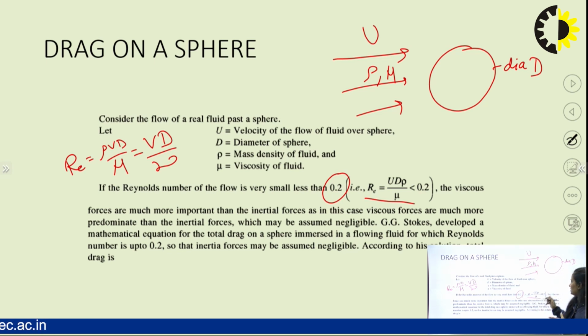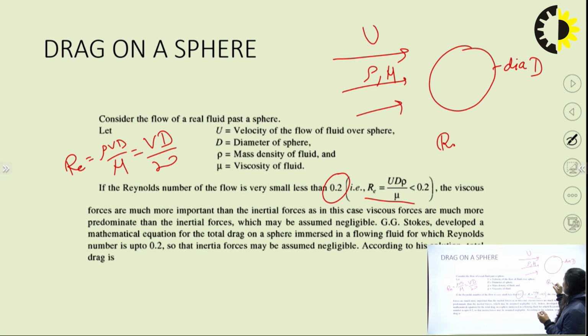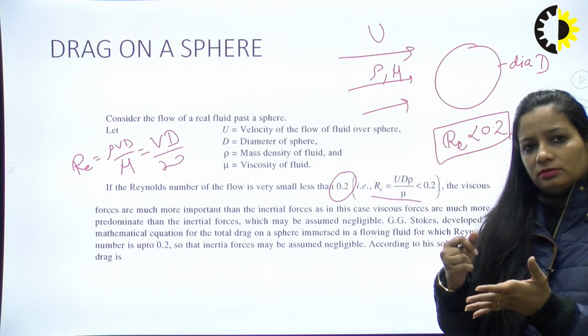Up to this condition, when the Reynolds number is less than 0.2, G.G. Stokes developed a mathematical equation to solve how the drag force will act over that particular sphere, but he neglected inertia forces, considering only viscous forces.